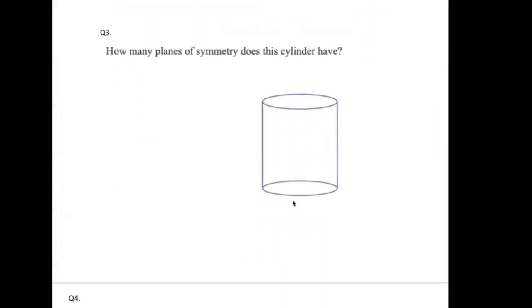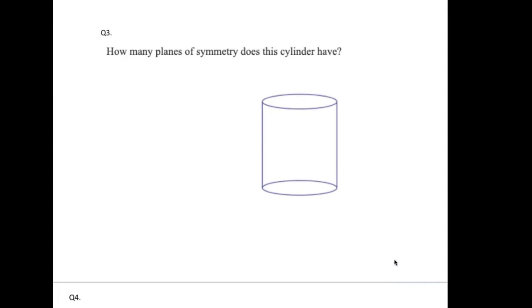Okay, how many planes of symmetry does the cylinder have? Planes of symmetry, guys. What do you say? How many will it be? 2. Think again. Unlimited, infinite. Very good.